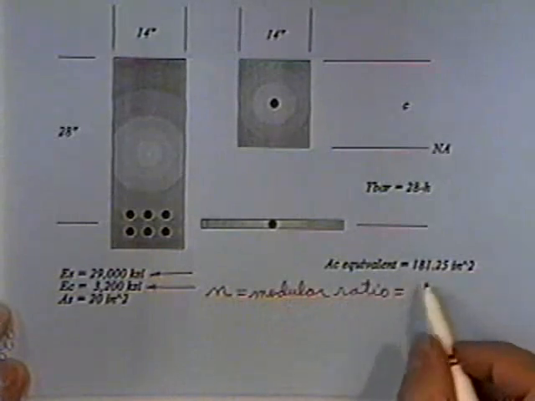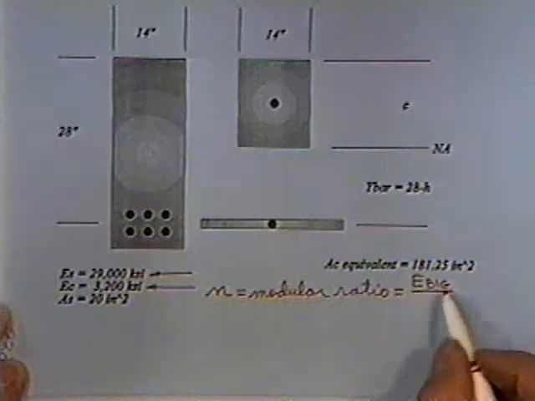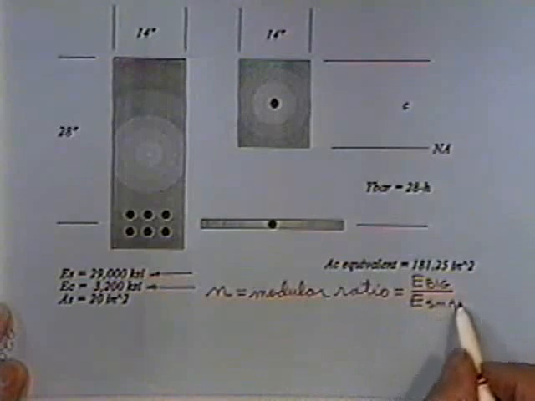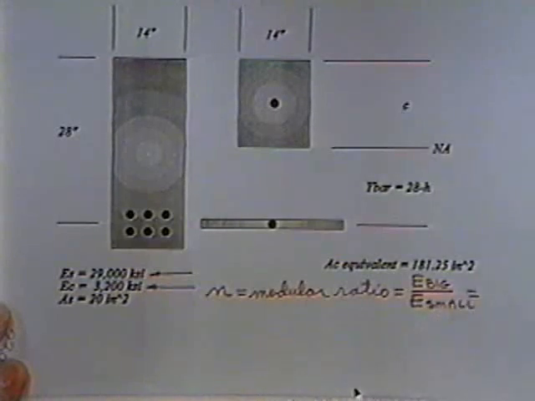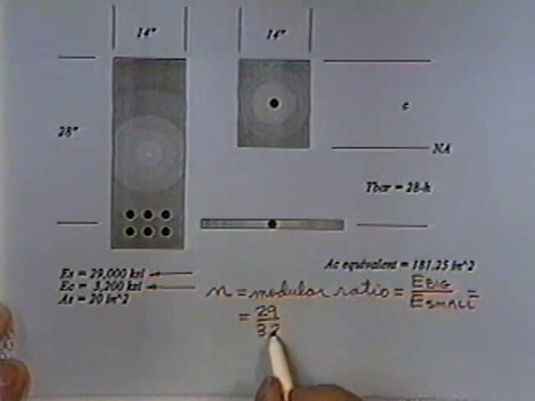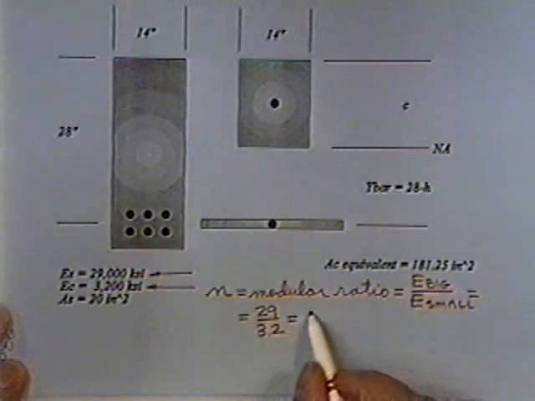And that modular ratio is simply E big divided by E small. They always use the big one over the small one. In our case, it is equal to 29 divided by 3.2, because it doesn't matter where the decimal goes. 29,000 over 3,200, that's okay. 2.9 over 0.32, doesn't make any difference. It's just a ratio. 9.0625.